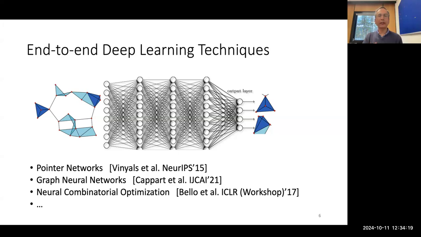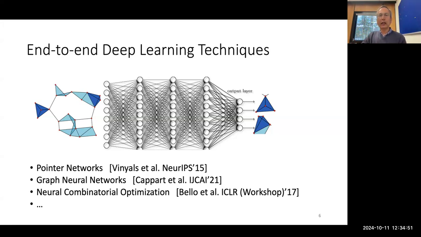In these end-to-end deep learning techniques, they try to learn everything from scratch. They ignore all the things that we know about this problem from the algorithmic or optimization literature. I'm talking about the typical end-to-end deep learning technique. They take some representation of the entire graph as an input, and the output is some representation from which you can extract all the maximum cliques in the graph.